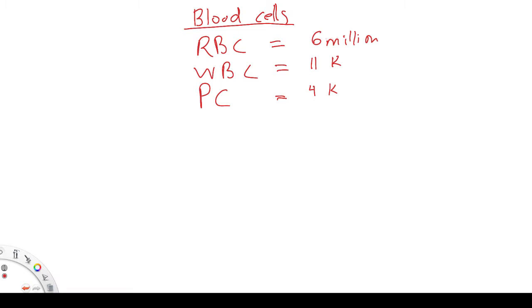Compare 11,000 to 6 million. So when we learn anemias and you see a peripheral smear, don't look for white blood cells, you're not going to find them. Even in leukemias, you're not going to find them. You have to work hard to fix a slide in a way that you find white blood cells, because the ratio is not even a comparison. 6 million to 11,000, right?